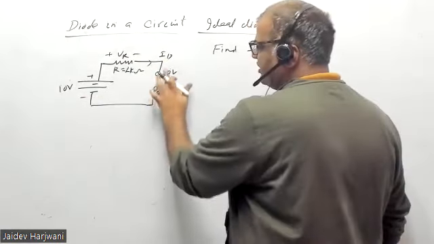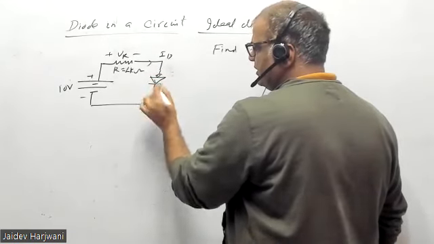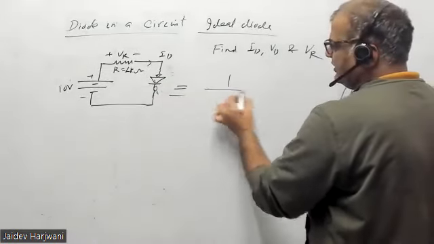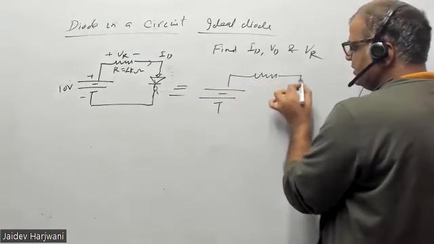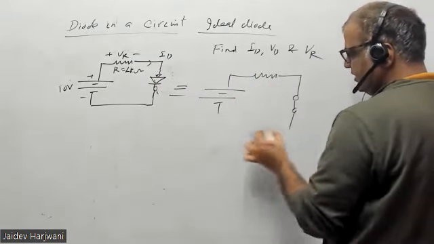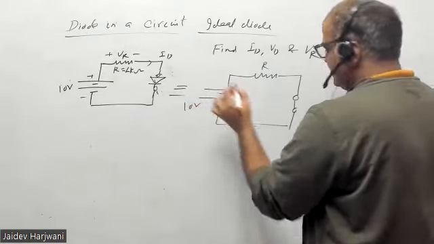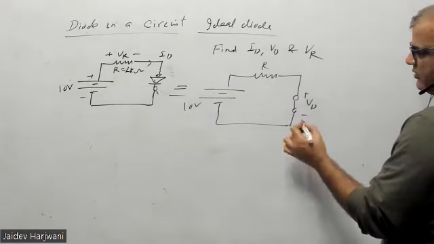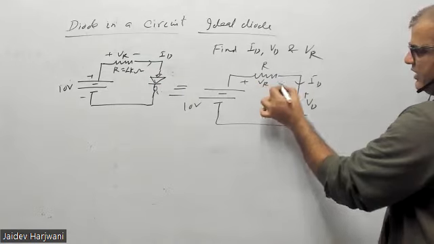So the diode is forward biased. So this circuit can be replaced by a 10 volt source, a resistance, and a short circuit for the diode. The current flowing is ID, and the voltage across the resistance is VR.